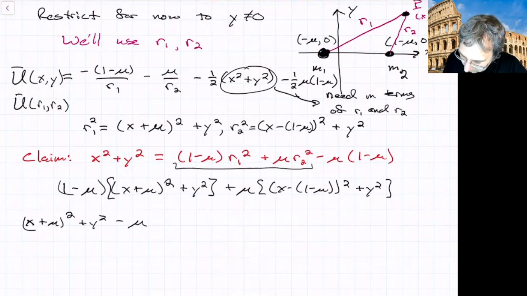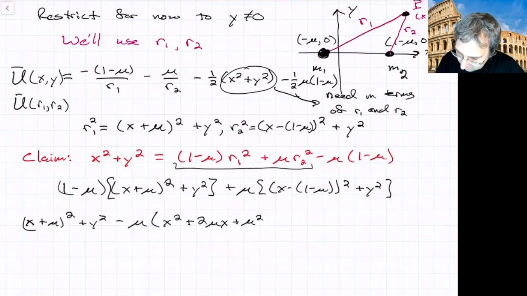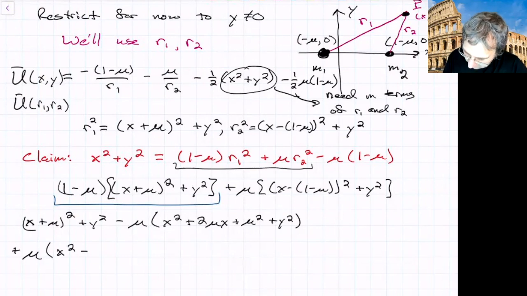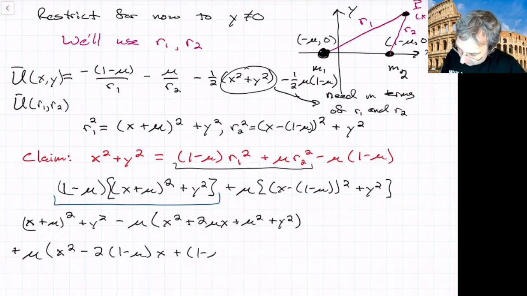And now maybe I'll just expand this out. x squared plus 2 mu x plus mu squared plus y squared. That's what I get from here. And now let me add the other part. So plus mu, and expand it out. x squared minus 2(1 minus mu)x plus (1 minus mu) squared plus y squared.